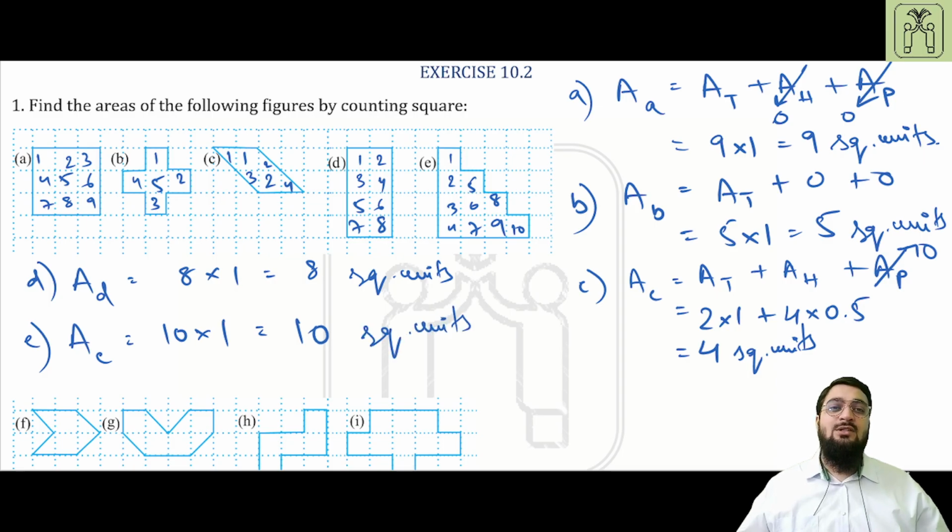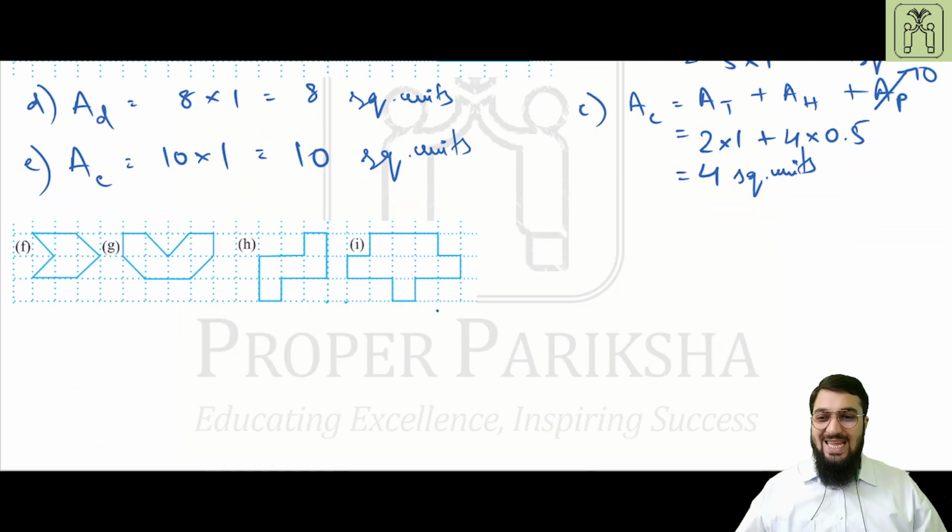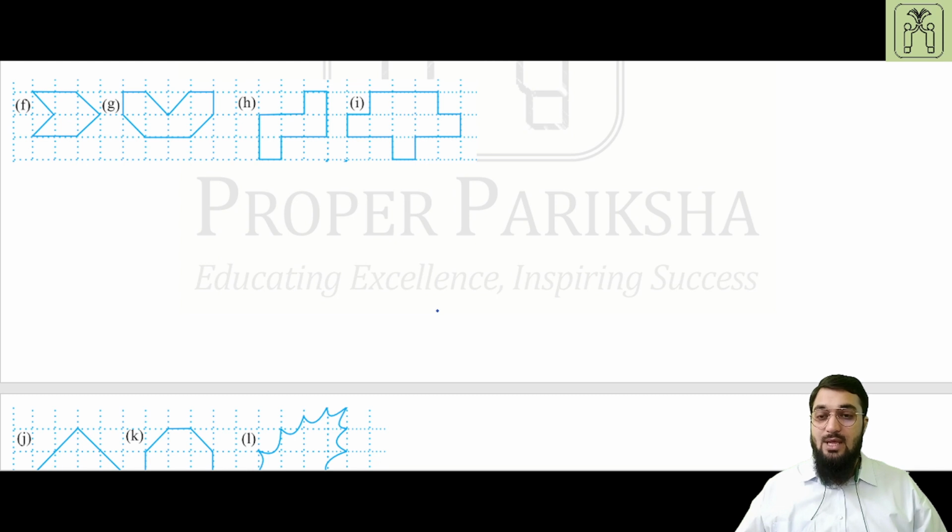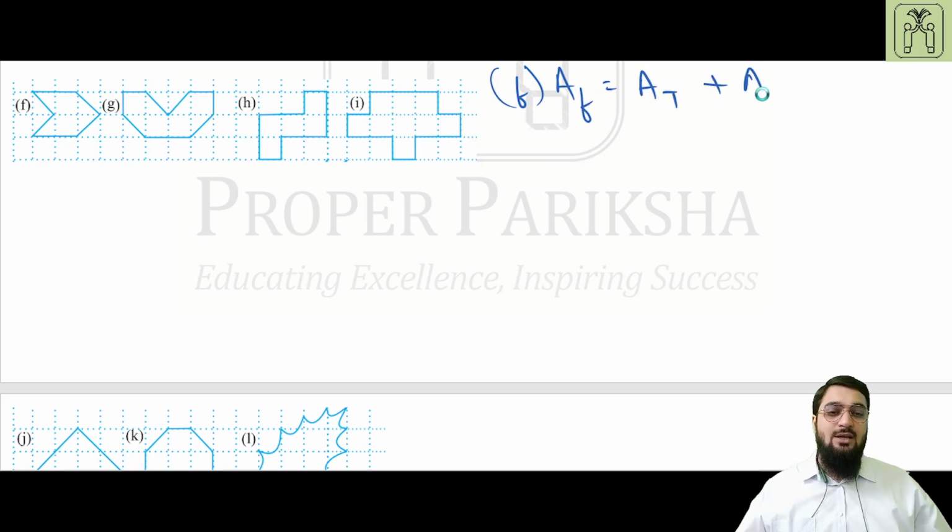So this is the method of solving such types of questions. We will understand more by coming to other parts such as part F, G, H and I. Part F, how do we solve this? We again take the area of F as equal to area of totality and area of half plus area of partial.